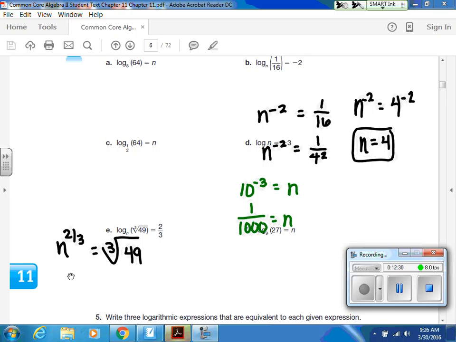Make it 7 squared. Okay. Is there another way to write a cube root of 7 squared? So n to the 2/3 equals 7 to the 2/3. Well, if n to the 2/3 is the same thing as 7 to the 2/3, what does n have to be? 7.